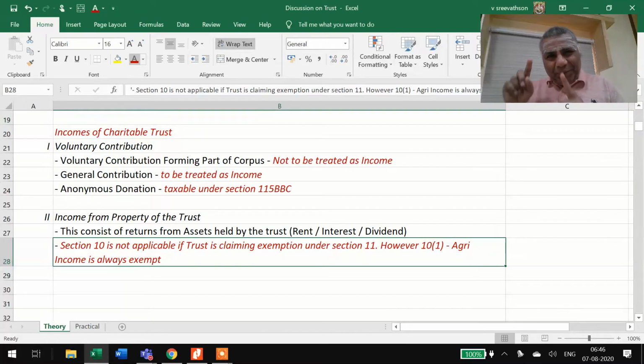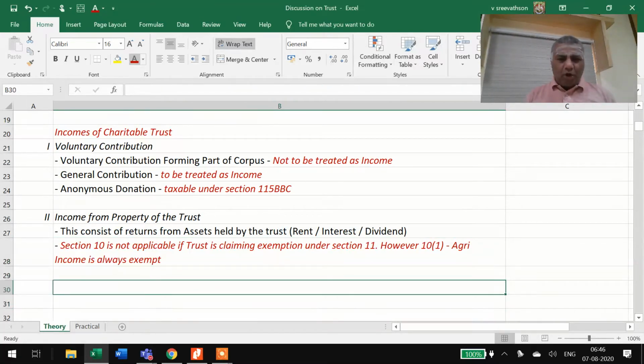If 10(23C) is applicable, it will not fall under 11. Why will it come under 11 if 10(23C) is applicable? So don't write that. That is a wrong way of just adding sentences. We are speaking only about what falls under 11. If it is falling under 10(23C), it is all getting exempt. So I'm not writing that.